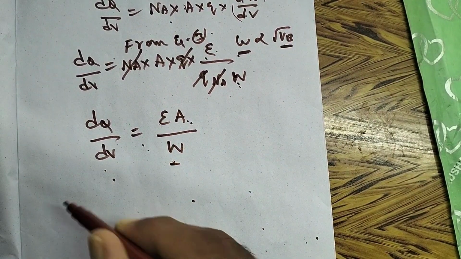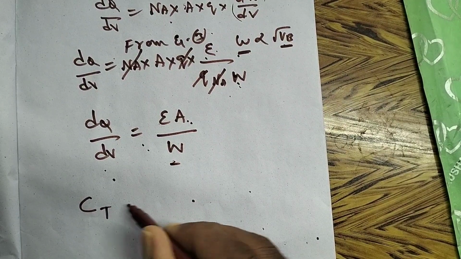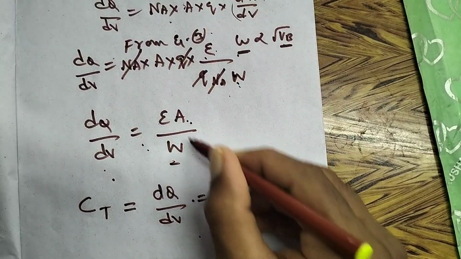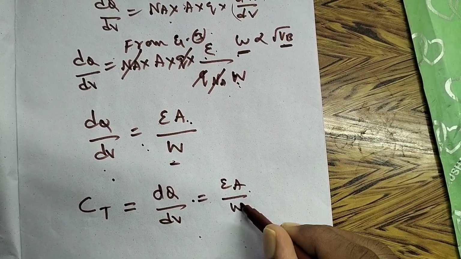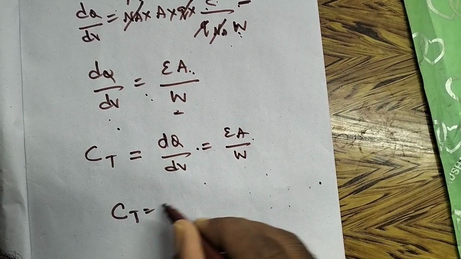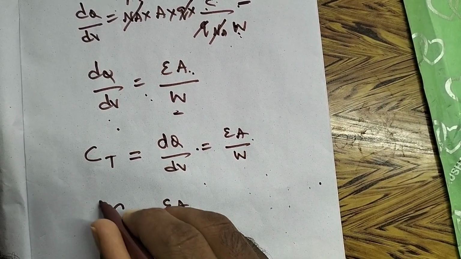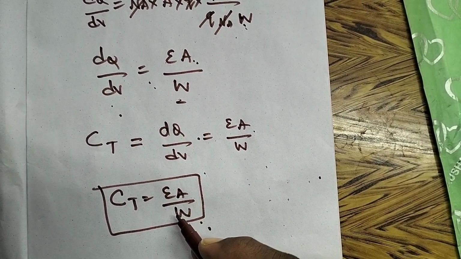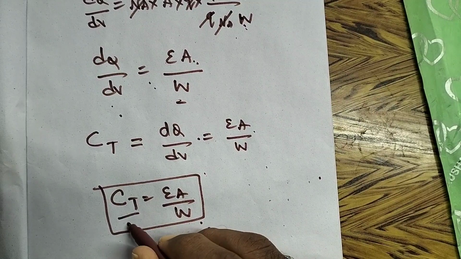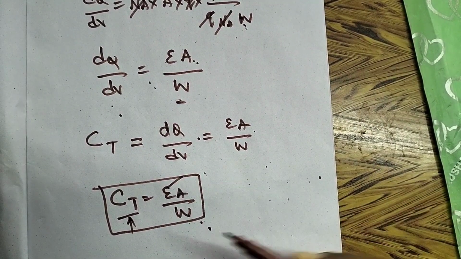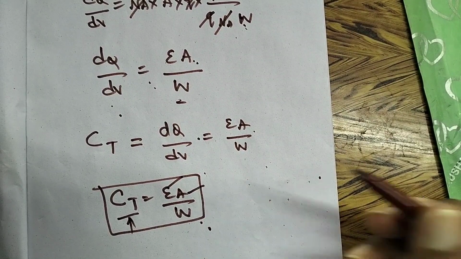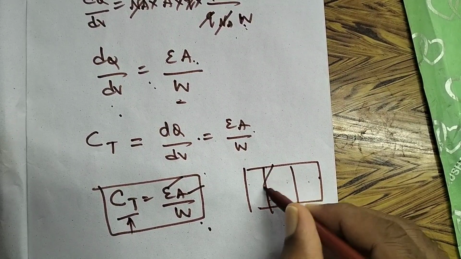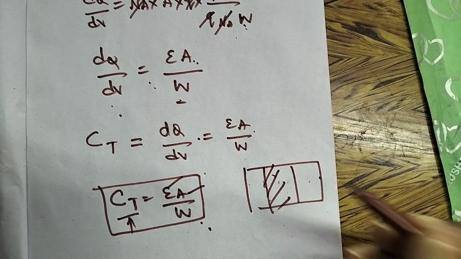Okay, now in the initial equation, what is transition capacitance? CT equal to dQ by dV, that equal to epsilon A by W. So the final expression is CT equal to epsilon A by W. Okay, so this is the transition capacitance expression, where CT is the transition capacitance, epsilon is the permittivity and A is the area of the junction, the area of cross section of the junction.